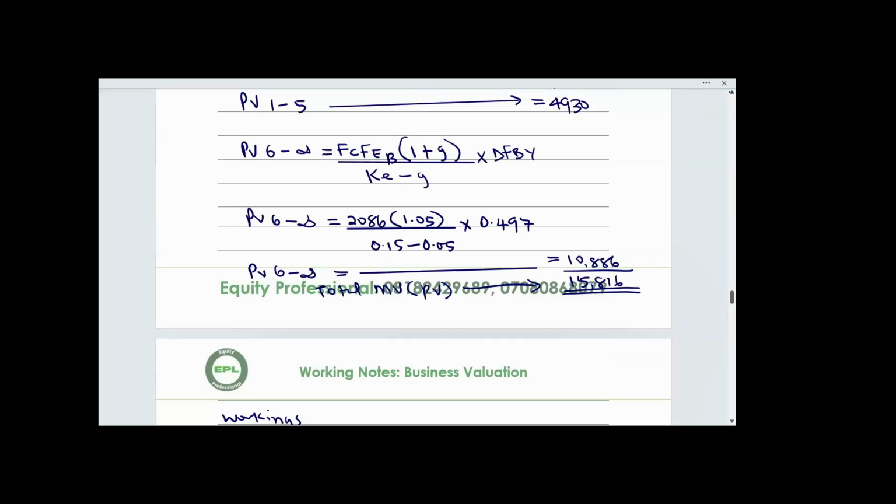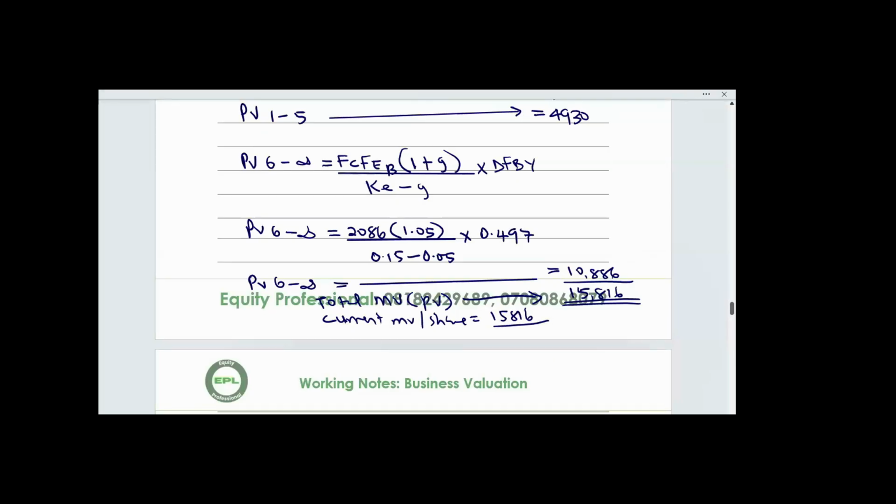This is the total market value. Remember, the examiner asks you to calculate current market value per share. So the current market value per share will then be equal to the total market value of 15,816 divided by number of shares.